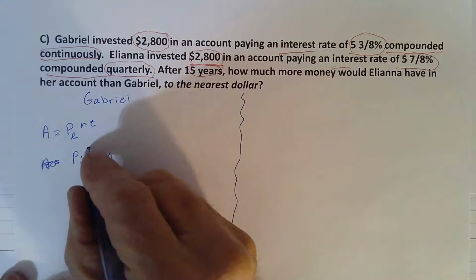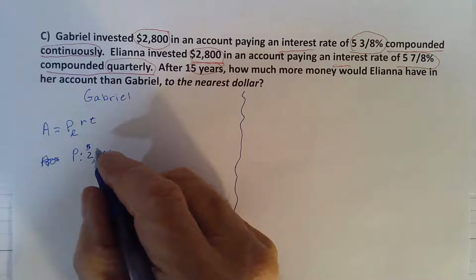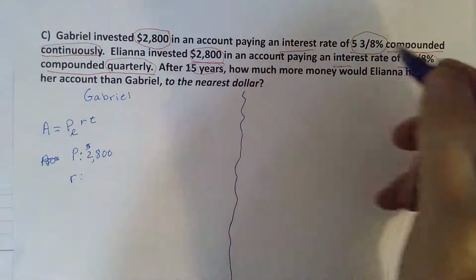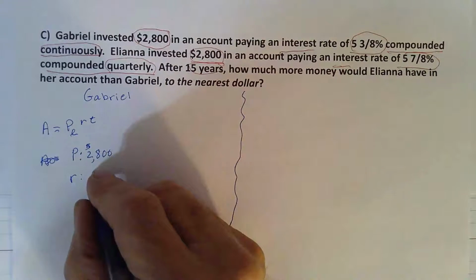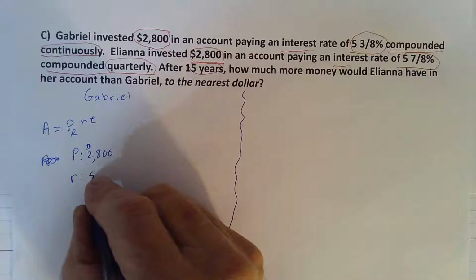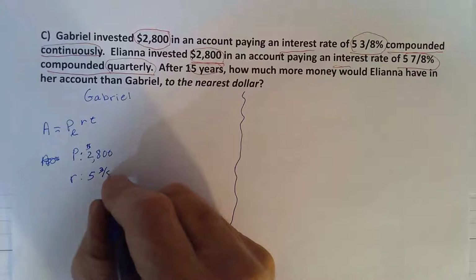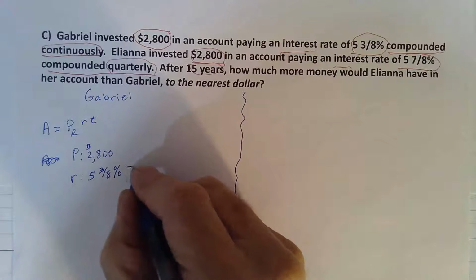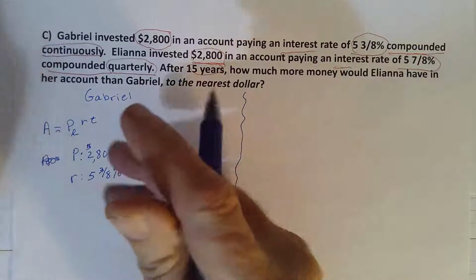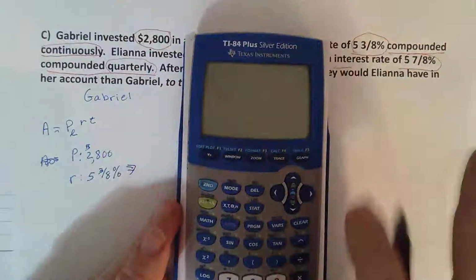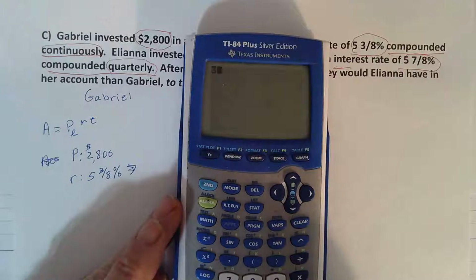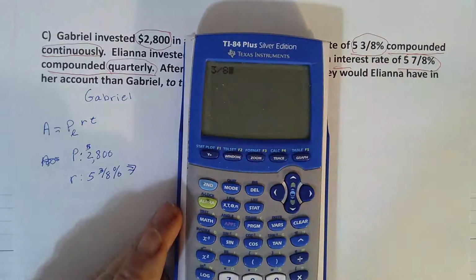And then our rate is going to be 5 3/8, so 5 3/8 percent. Now let's just convert that right now. So we're going to take 3/8 first and then do 3 divided by 8. So turn it on, clear. 3 divided by 8, and that's going to be 0.375.